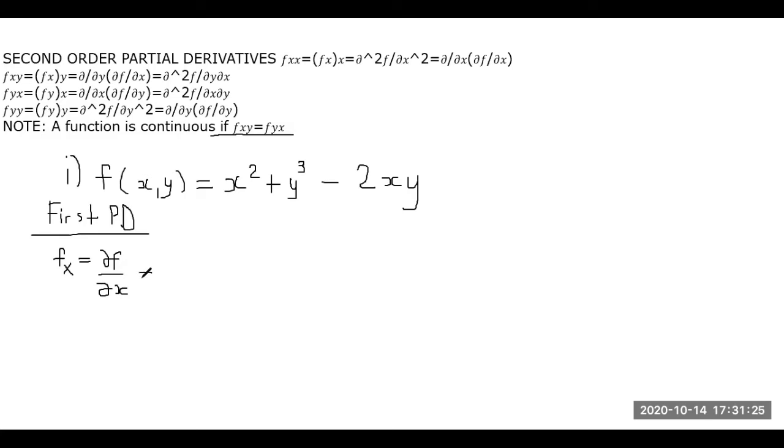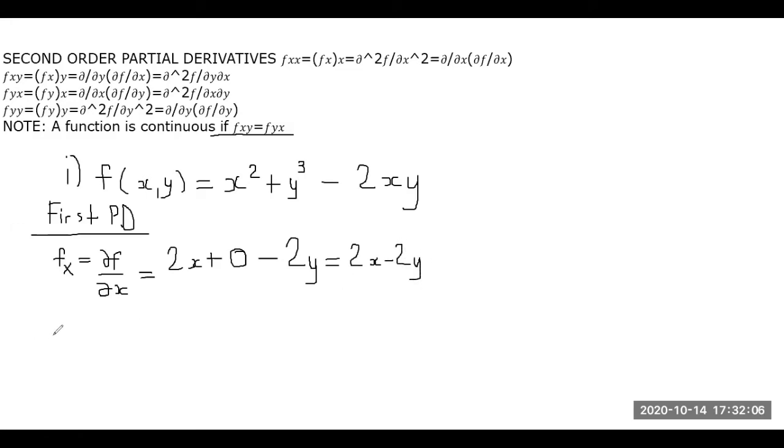And dou f by dou x is equal to, when we differentiate this function with respect to x, we're going to get 2x plus, this y cubed becomes a constant, because when you're differentiating with respect to x, y is a constant. And so this y cubed becomes 0 when we differentiate it. Minus 2xy: y is a constant, so we're differentiating minus 2x times some constant k, and so we just get minus 2y. So that is dou f by dou x. It is just 2x minus 2y.